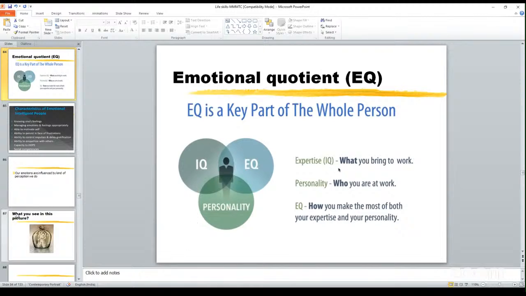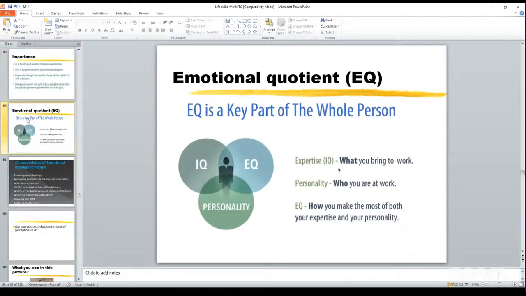It's a part of the whole person, and three things are important: IQ, EQ, and the personality of the individual. The expertise part is IQ, what you bring to work. The personality part is who you are at work, and EQ is how you make the most of both. That is the combination of expertise and personality. Your expertise and your personality can make your EQ better.